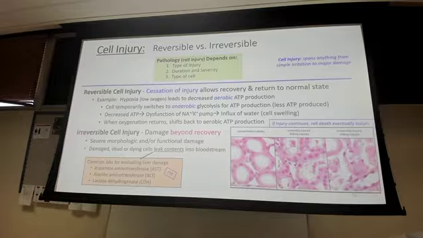But if you go to the irreversible one, this looks all wonky. You can see it looks like it's kind of fading into each other. Some of the cells look a little thin. Some of them look like they burst, right? And if that happens, especially in our kidneys, there's no coming back. That cell most of the time can't revert back to normal, and that's when we start having these kind of chronic damages to our body.